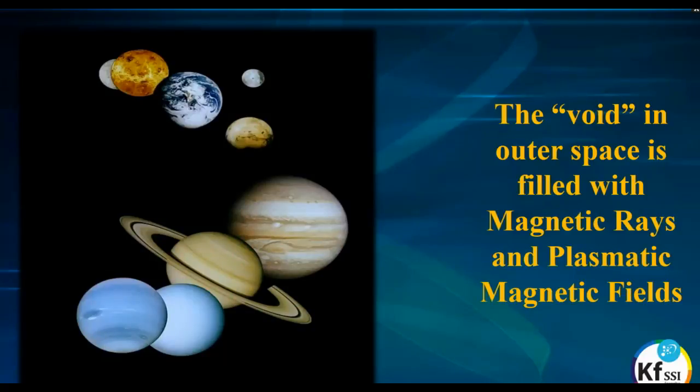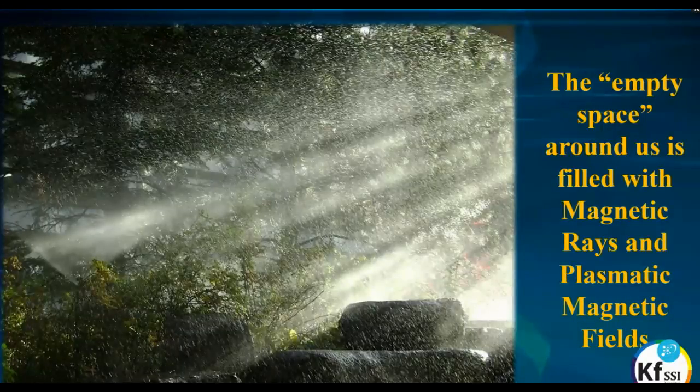And it's the same here on Earth as in outer space. This empty space around us is filled with magnetic rays and plasmatic magnetic fields. I've just used this photograph of rain to illustrate that we can see these raindrops all around us.